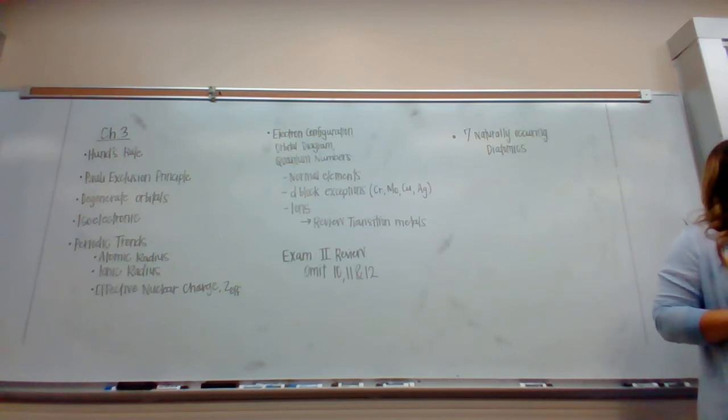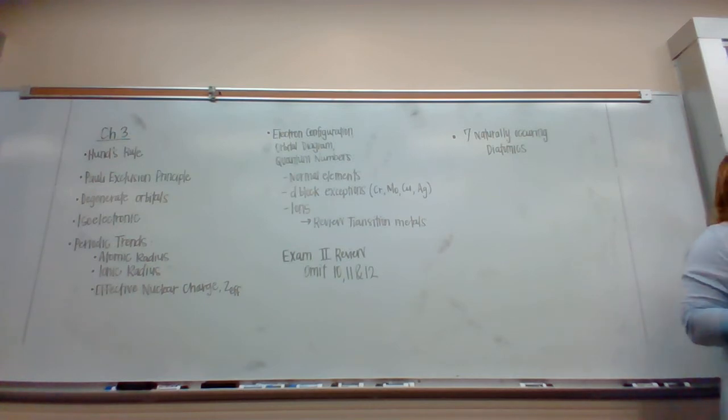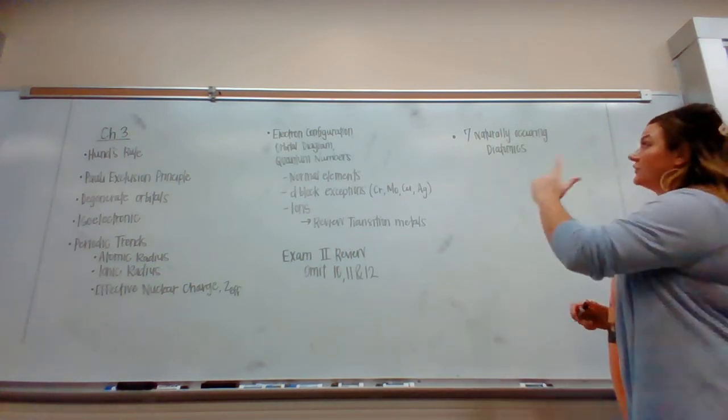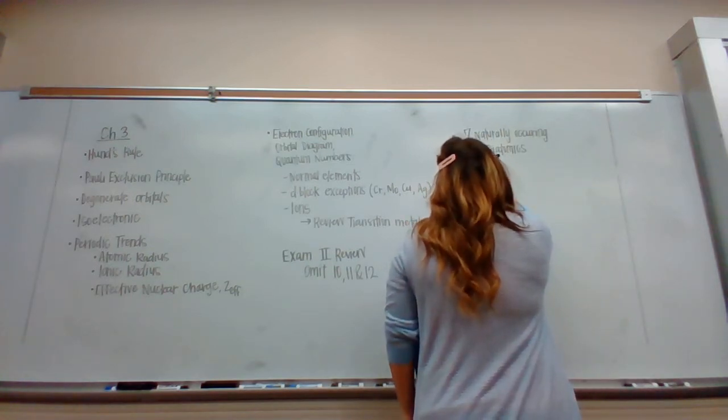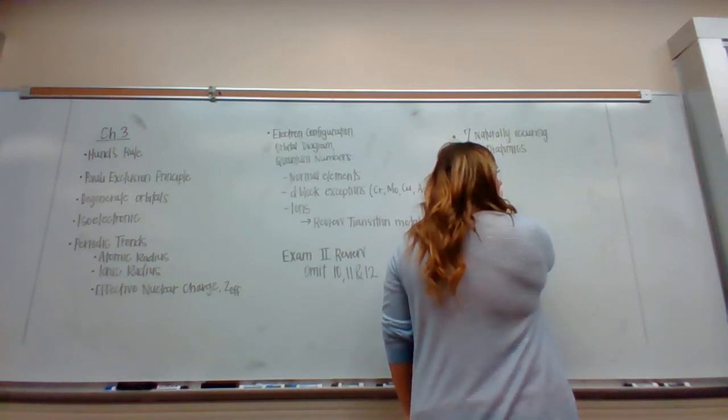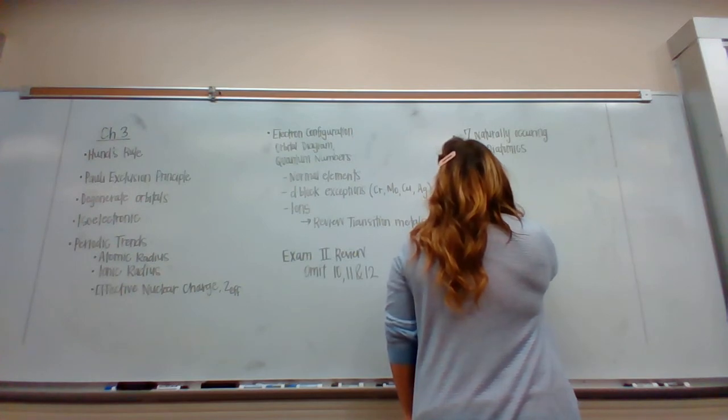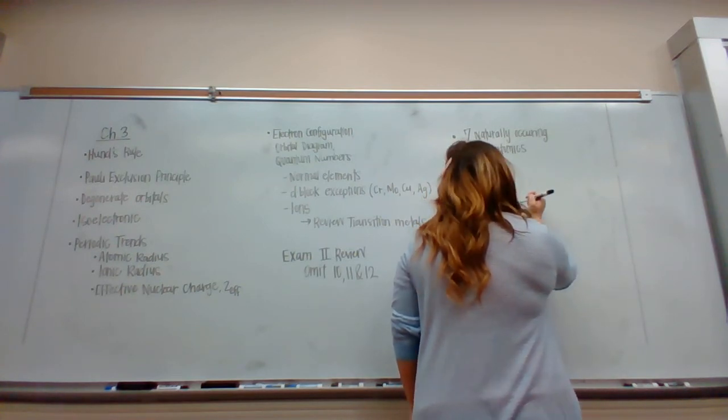You just might not know that you know it. When people are talking about oxygen in the hospital, what are they talking about? O2 is one of your 7 naturally occurring diatomics. So I'm going to list them for you. Now talk a little bit about them.